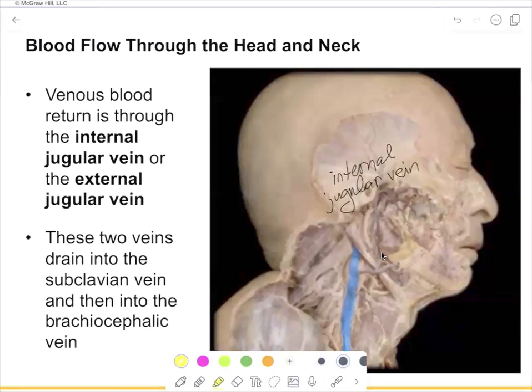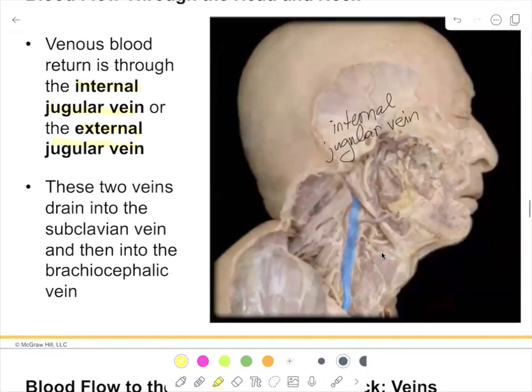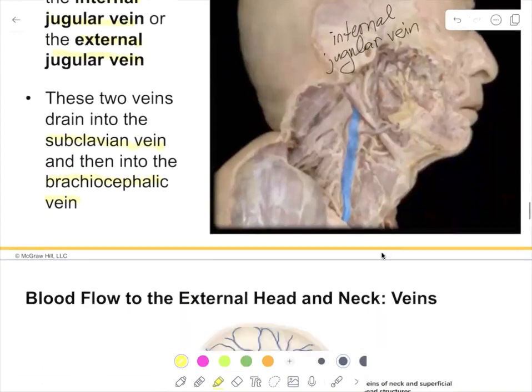There is no such thing as a jugular artery, only a jugular vein. Just like there's no such thing as a carotid vein, only a carotid artery. So the venous return is through the internal jugular vein or the external jugular vein. And both of these veins then are going to drain into the subclavian vein, which eventually goes to the brachiocephalic vein, and then the superior vena cava.